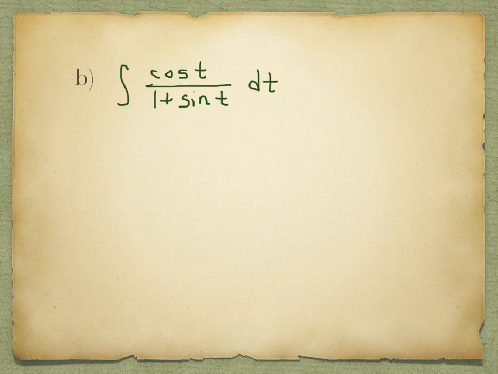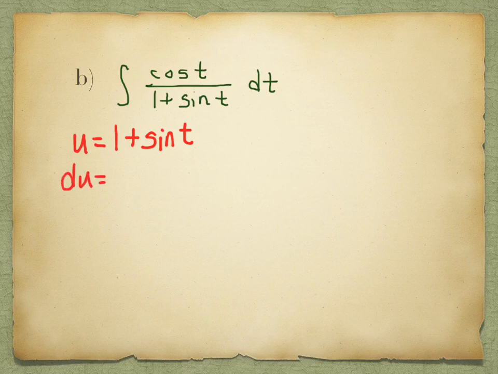Make u sine. That's a good way to start. So you can take the denominator and make that u. So the denominator would be 1 plus sine t. If I do that, what is the derivative of 1 plus sine t?